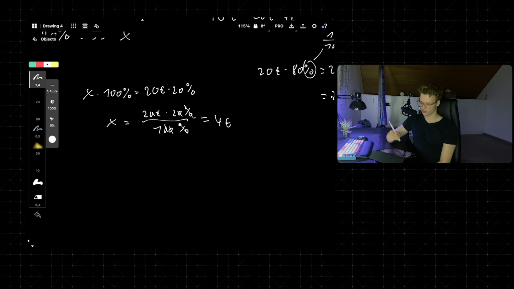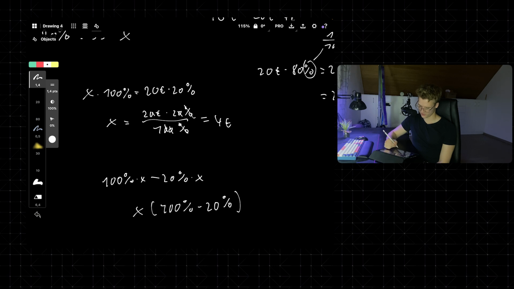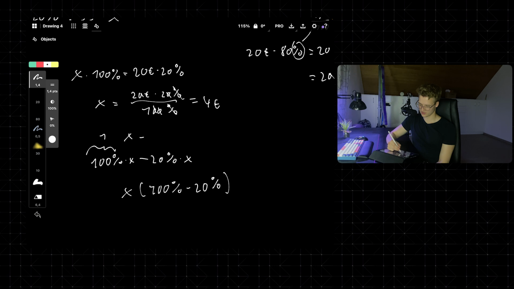Okay, what we do here is we have 100% times x minus 20% times x, and then we factor out x, and then we get 100% minus 20%. And this is just basically 1, so we get x minus 20% of x.